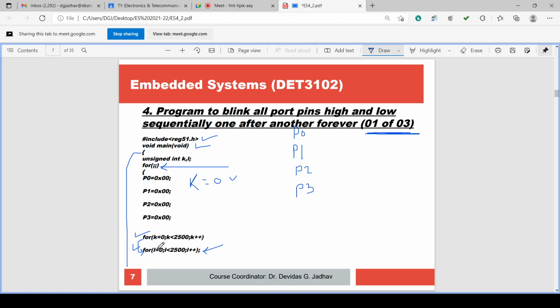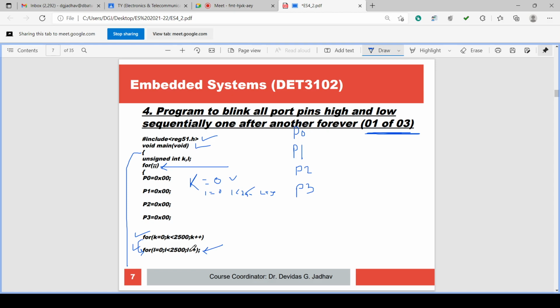This is for k equal to 0. The next for loop is executed, and that is L equal to 0, L less than 2500, and L increment. Yes. So this L for loop will execute 2500 times.